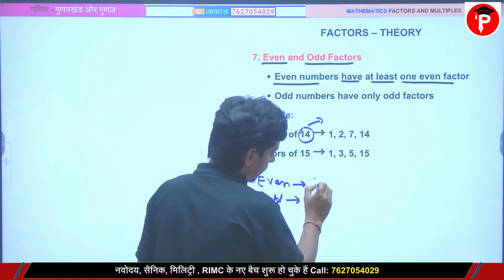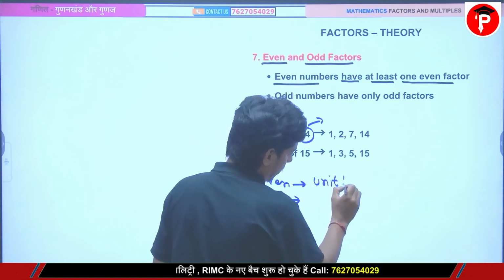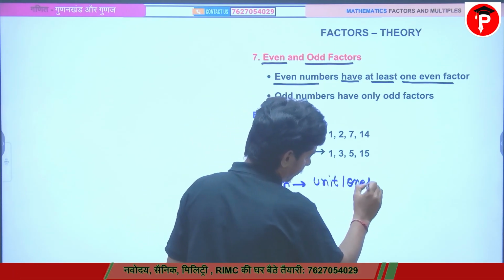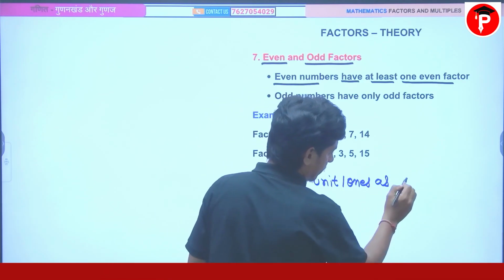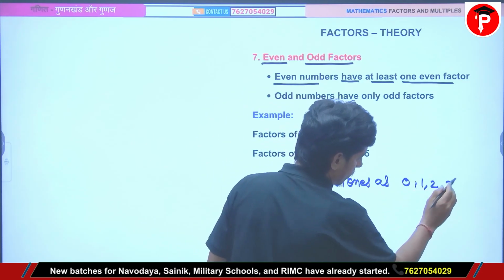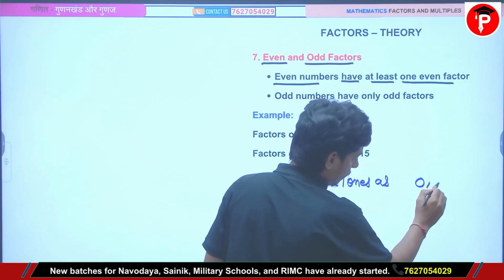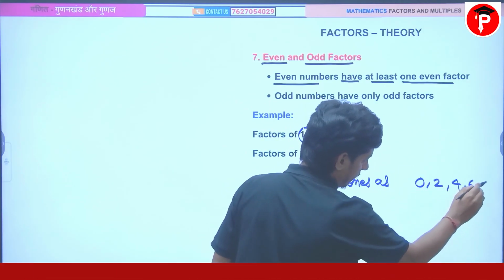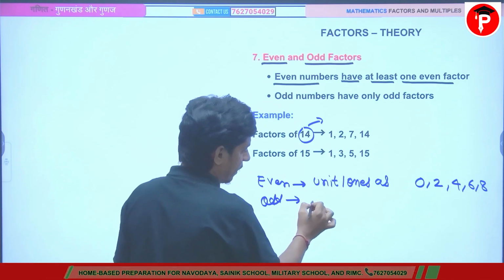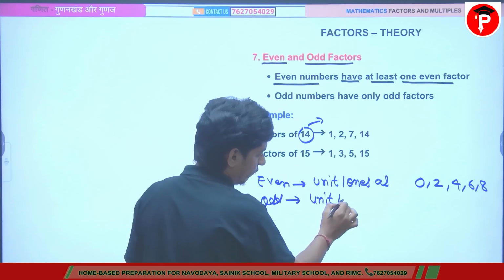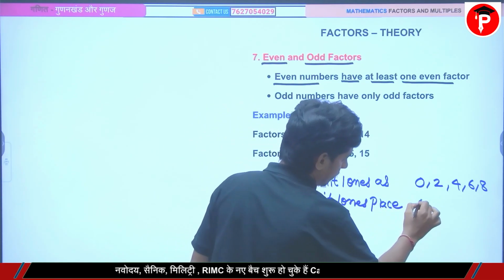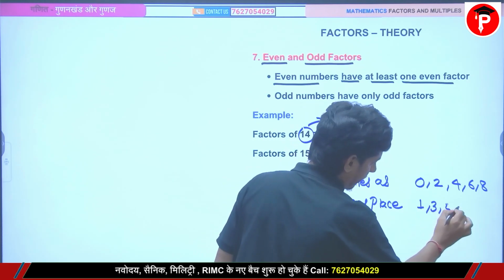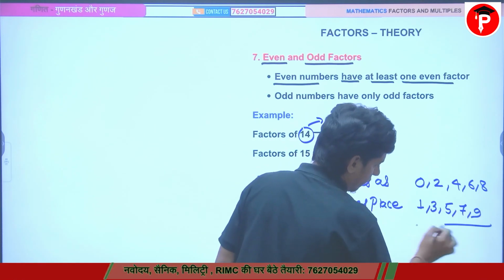An even number has a unit or ones place digit of 0, 2, 4, 6, 8, and an odd number has a unit or ones place digit of 1, 3, 5, 7, 9. Okay.